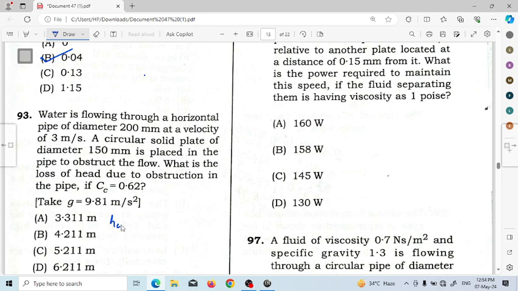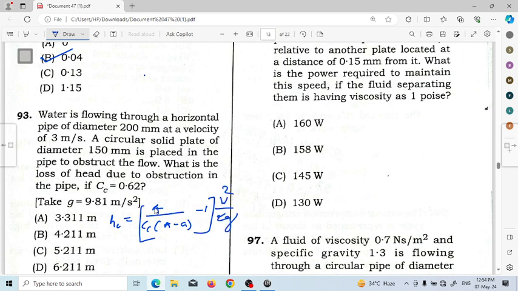So the head loss formula we know: A divided by Cc into (A minus a), minus 1, whole bracket square, times V square by 2g.